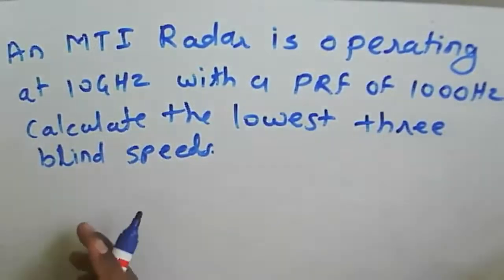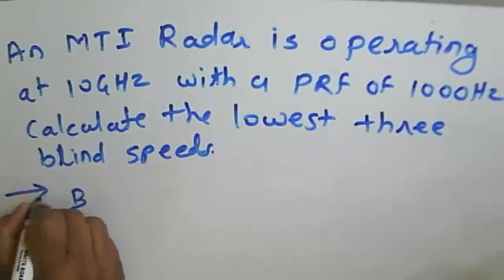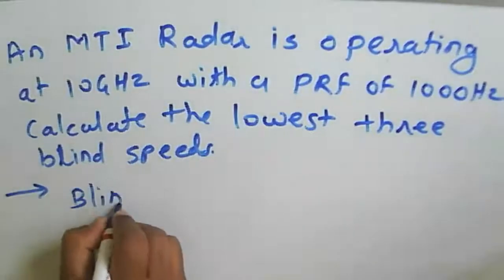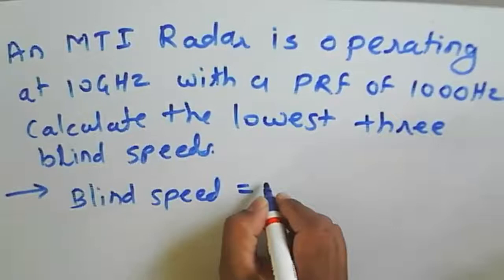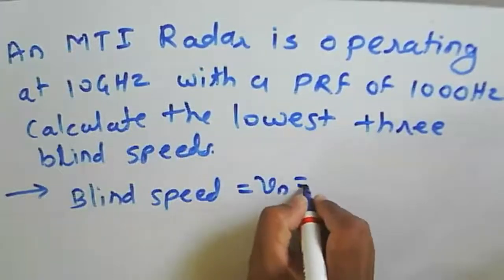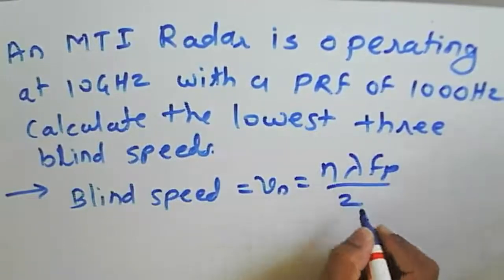So to calculate the lowest 3 blind speeds, what will be the answer? Blind speed Vn is equal to n lambda fp by 2.